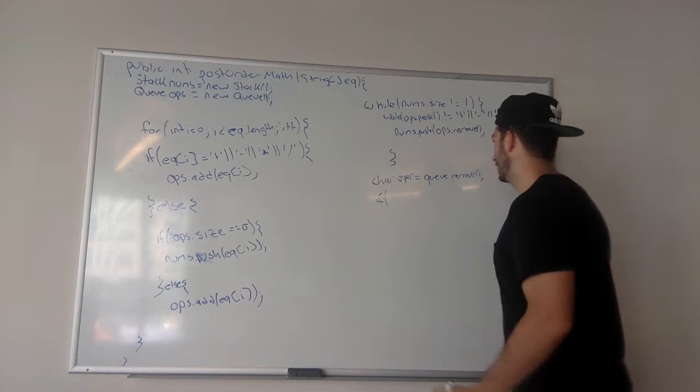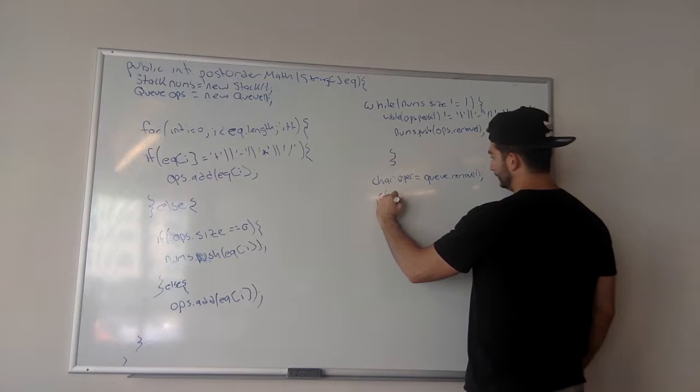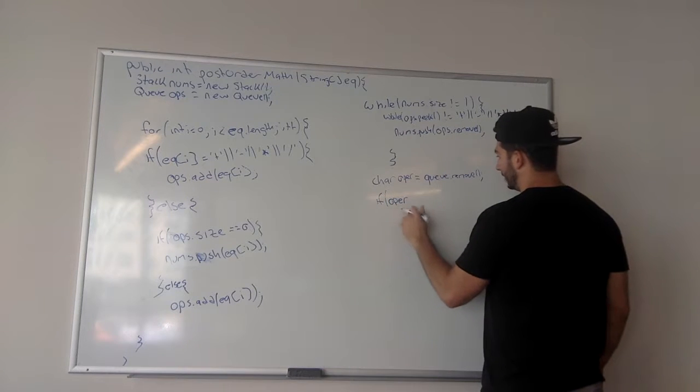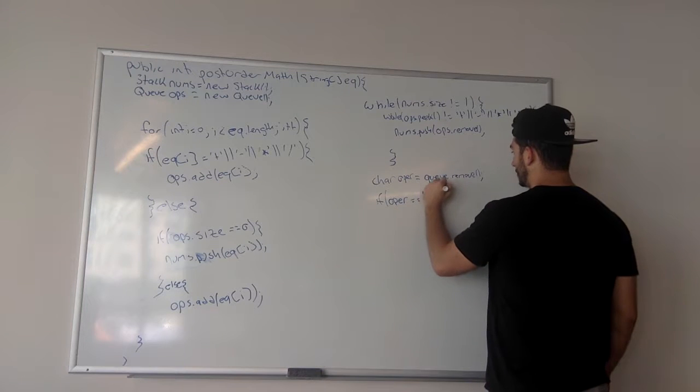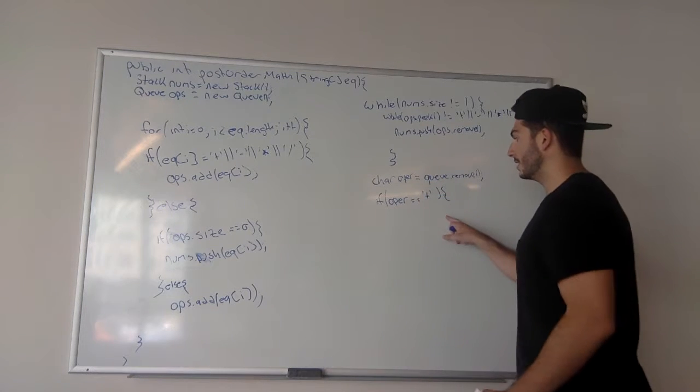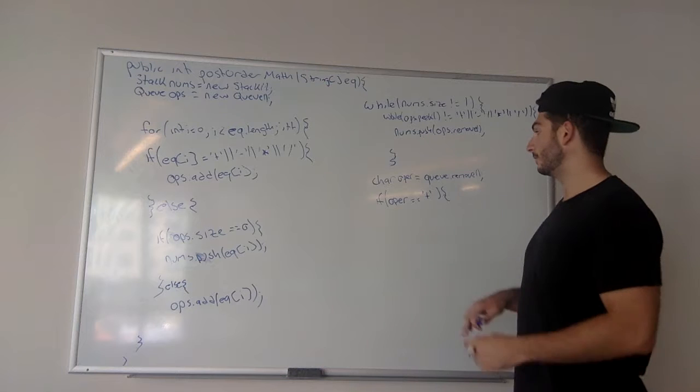So if oper is equal to plus, we're just going to add the two.